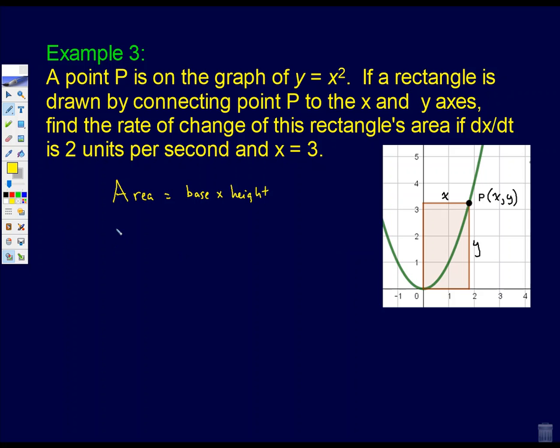So to write it in the context of this problem, if I know the x coordinate of the point and I know the y coordinate of the point, multiplying those together would give me the area. And normally at this stage, we would say this is the equation that we want to study.